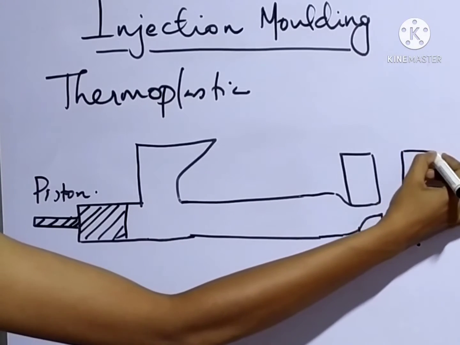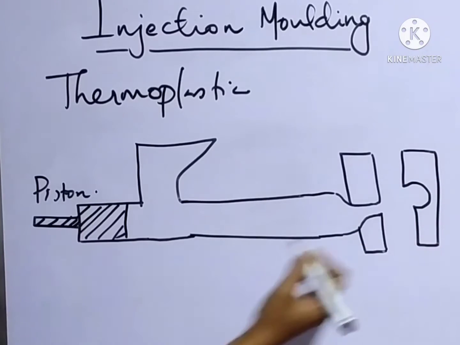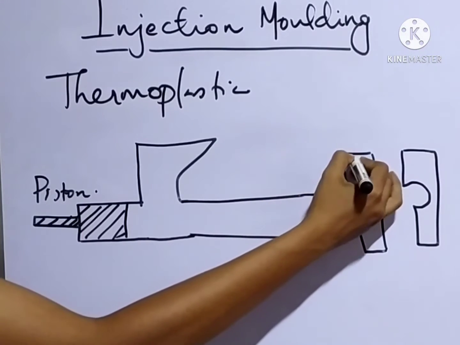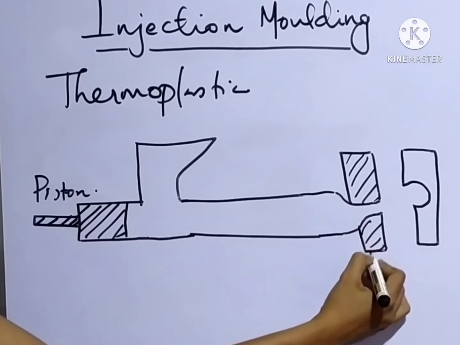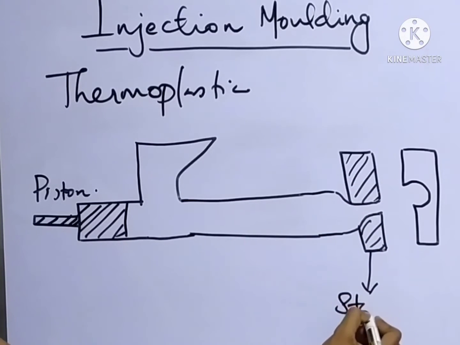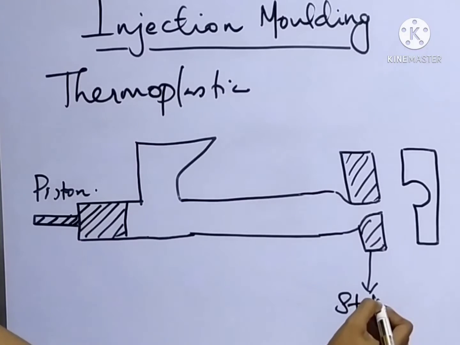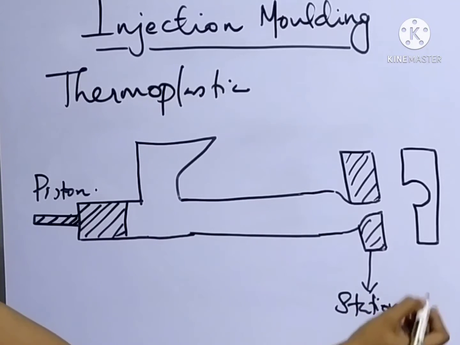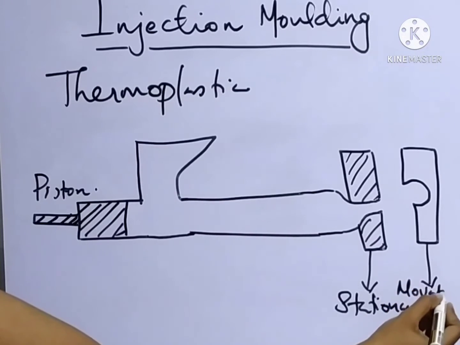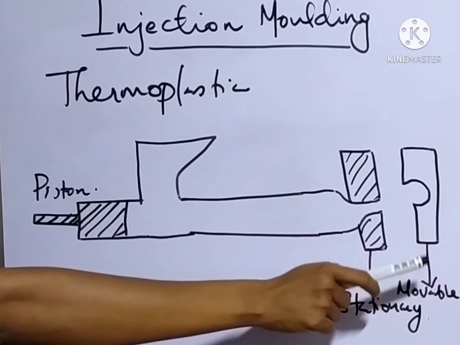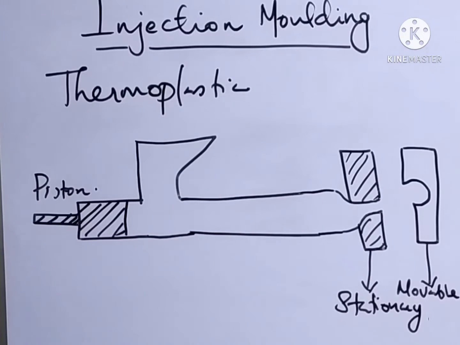These are the two parts of the mold. One of the parts is stationary. So this is the stationary part. And the second one is a movable part. The movable part contains the cavity.